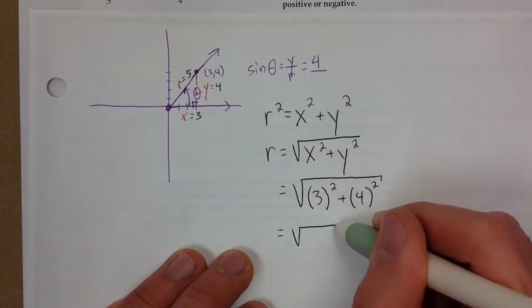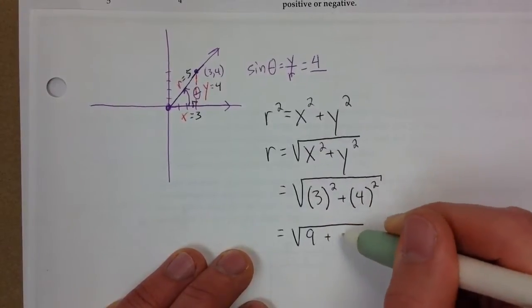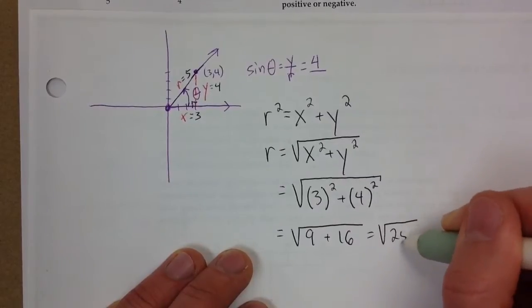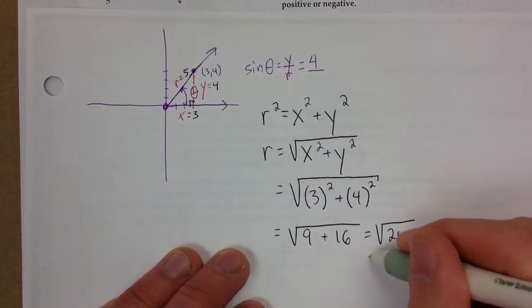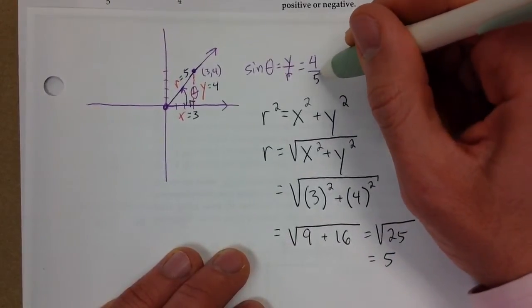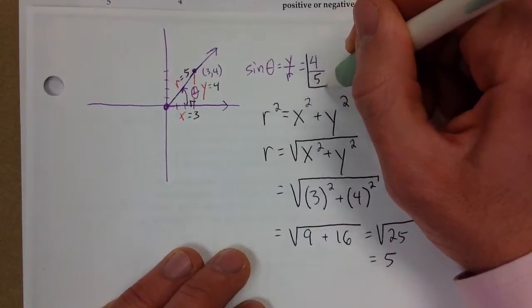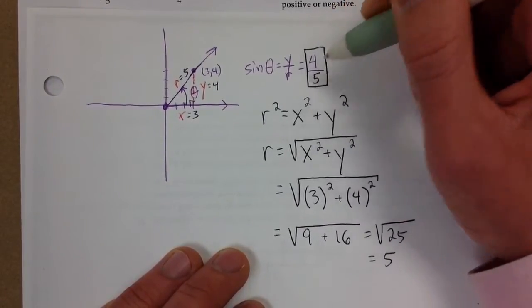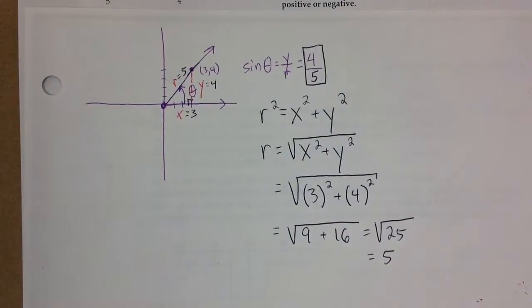Okay, so this is the square root of 9 and 16. And 9 and 16 is 25. So that's just the proof that the hypotenuse is going to be 5. Then you just divide by that, and it's that easy. So the sine of this angle is 4 over 5. Okay, any questions on that?